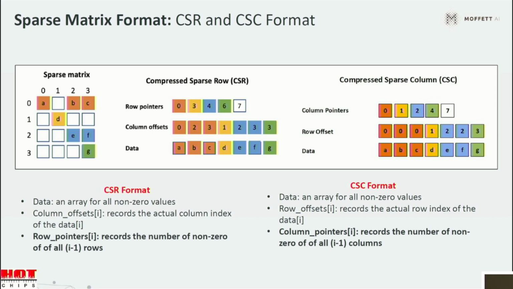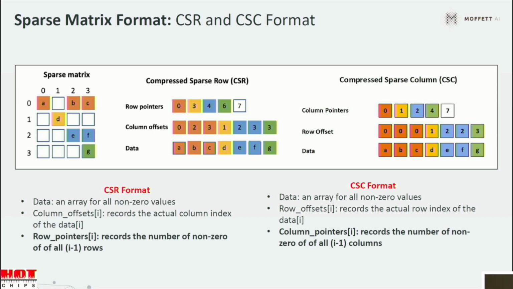So the row pointer is compressed because each element of this array records the number of non-zeros in the previous i-1 rows. As we can see here, for row A, there are 0 non-zero values, so this is 0.